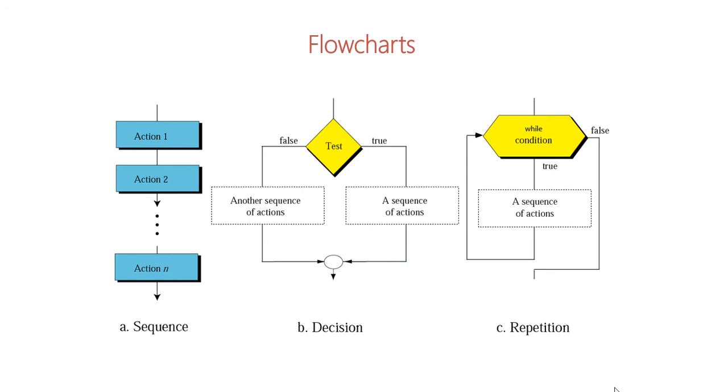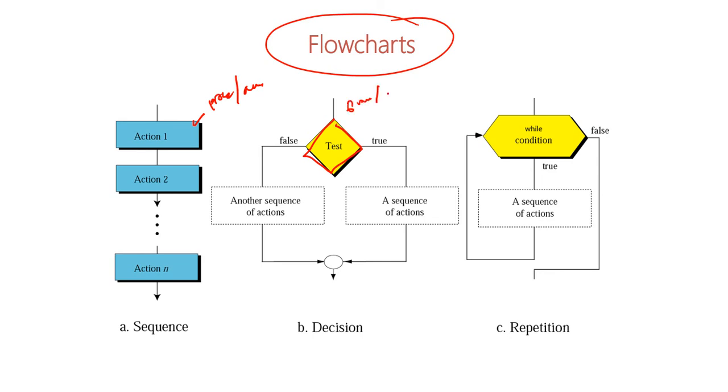A flowchart is one of the algorithm representation tools that uses several symbols like this one. The rectangle represents a process or action, this one represents branching or a condition, and this one represents looping or repetition.